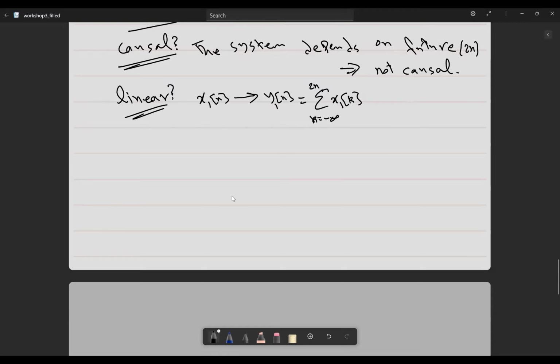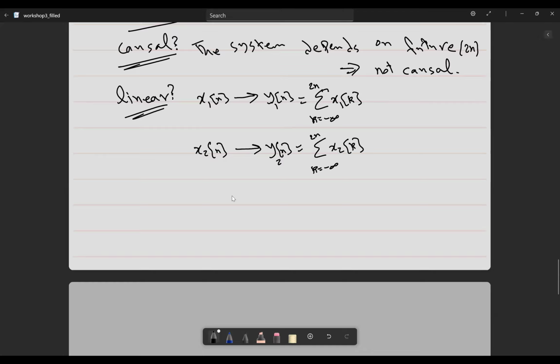Then another input x2 will produce this output, the summation up to 2n of x2[k].